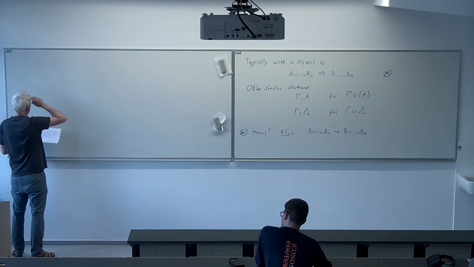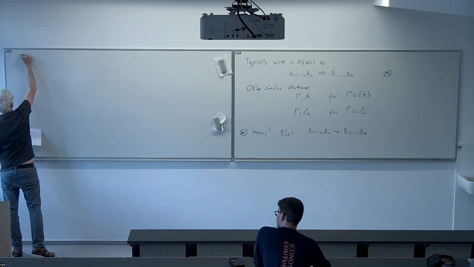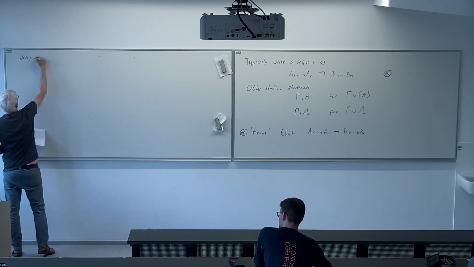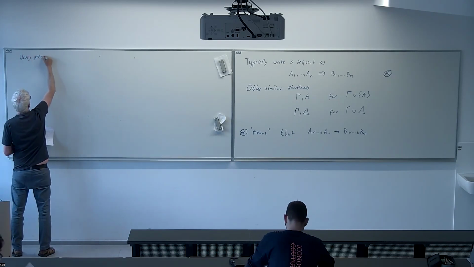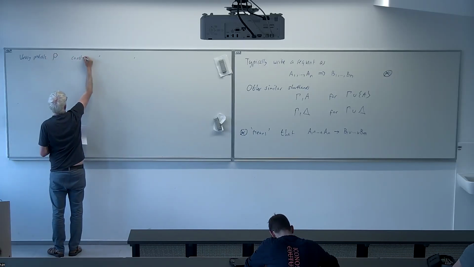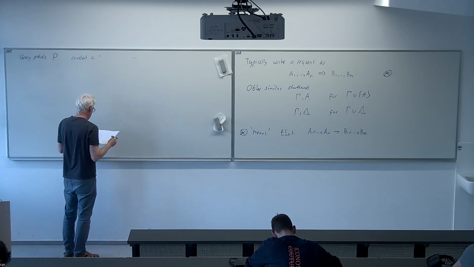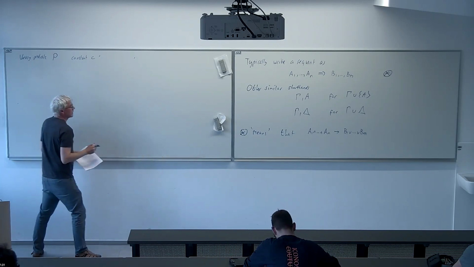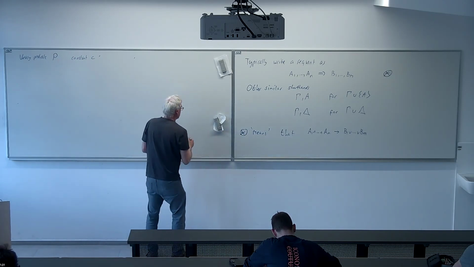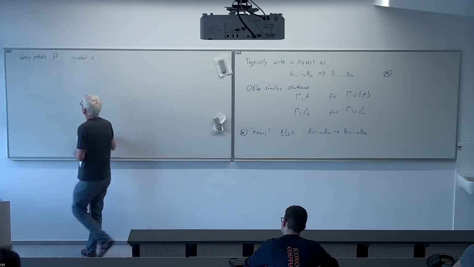So let's suppose we've got a unary predicate P and a constant C in our signature. And I'm going to give a proof, which goes like this.